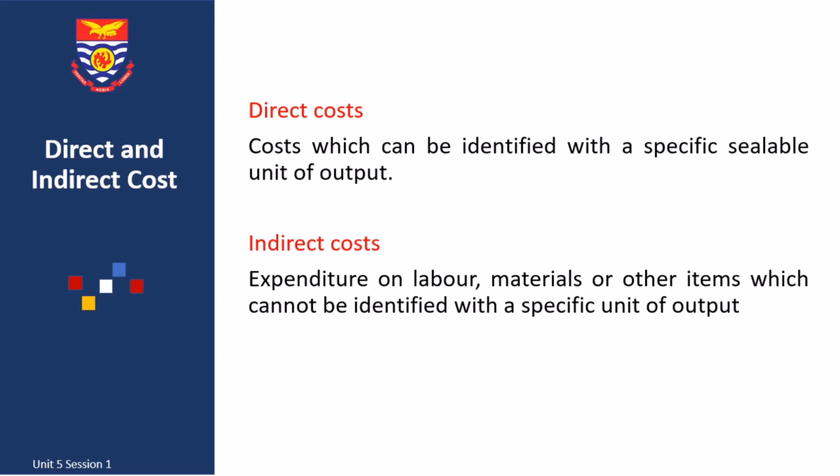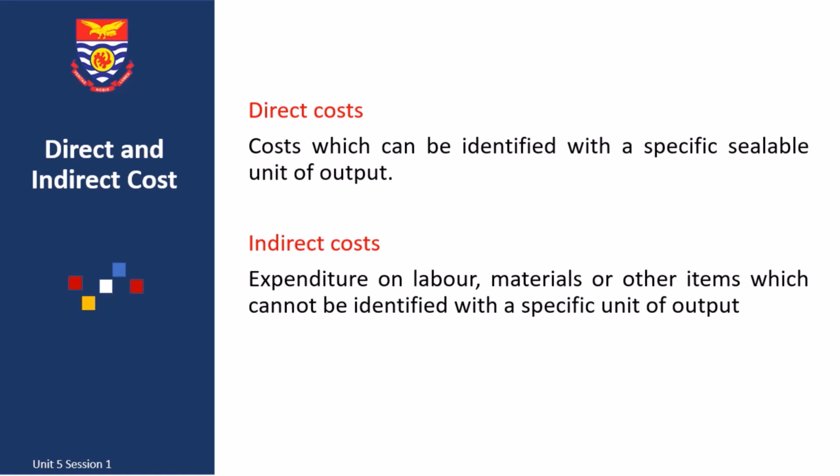When I take the book, I don't care whether the machines used in producing the book were maintained or not. I don't even know if such a thing happened. When I see this textbook, I don't see supervisors standing over workers supervising their work. I don't see the sales staff. So when you see this textbook, you're not able to identify or associate such costs directly with the book. These are what we refer to as indirect costs.